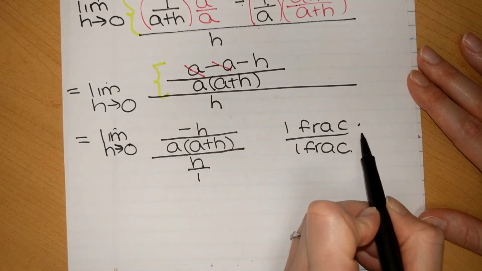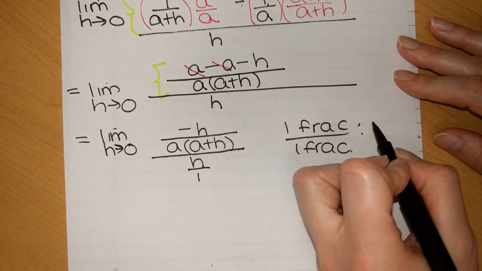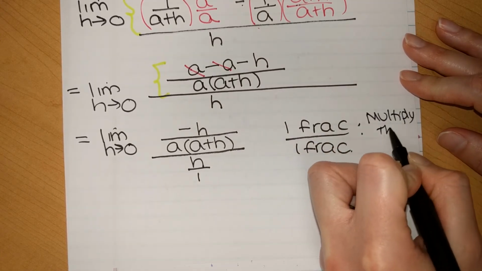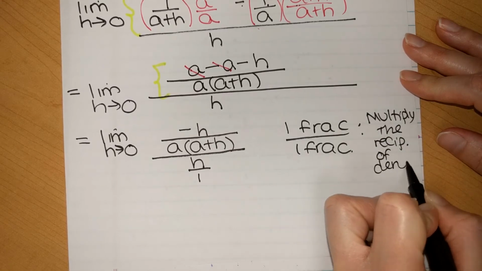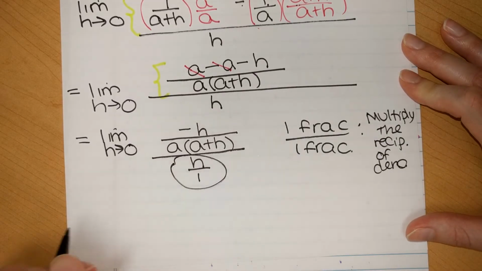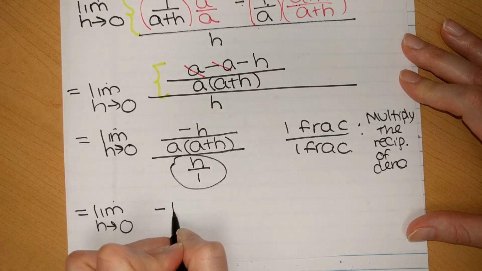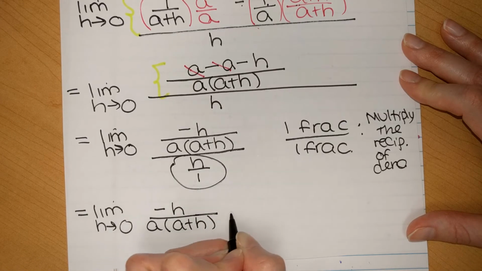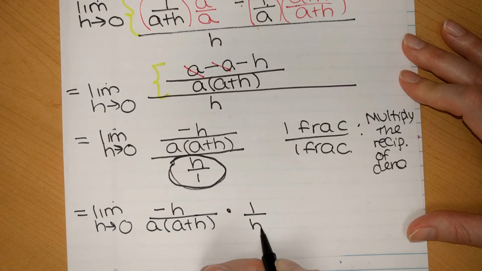If it's one fraction over one fraction, we are going to do the keep, change, switch thing. We're going to flip it around, and we're going to multiply by the reciprocal of the denominator. Okay, so we multiply by the reciprocal of this denominator. That gives us the limit as h goes to 0, negative h over a times a plus h, times the reciprocal of the denominator, 1 over h.